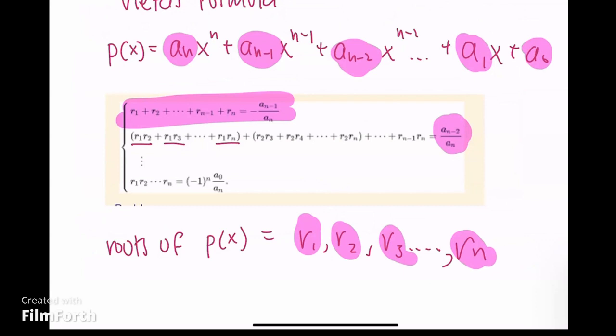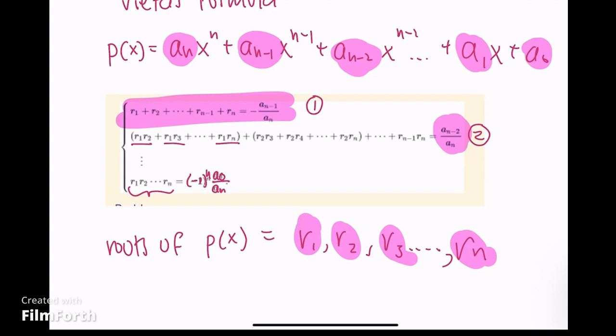So mainly I'd say the most useful parts of Vieta's formula are going to be the first one, the second one, and potentially the last one, where it tells us the product of all the roots together is equal to (-1) to the power of n times a0 over an. That just means the constant value over the coefficient of x to the power of n, times (-1) to the power of n.